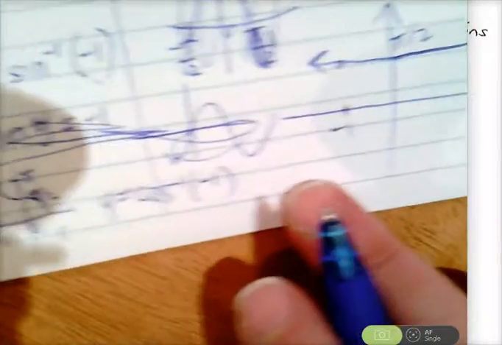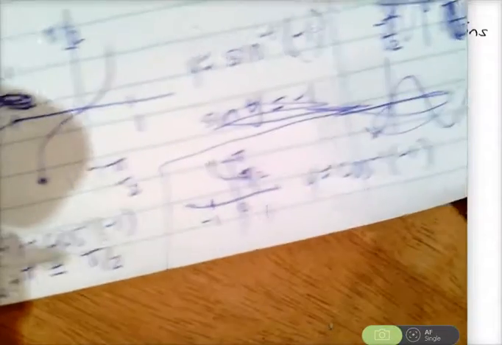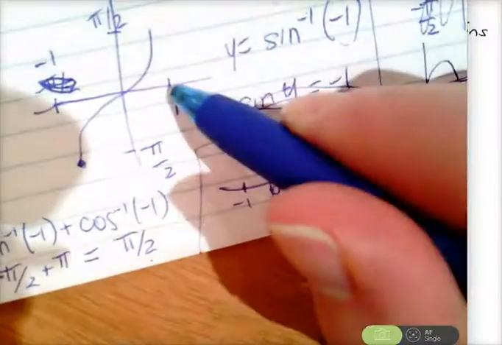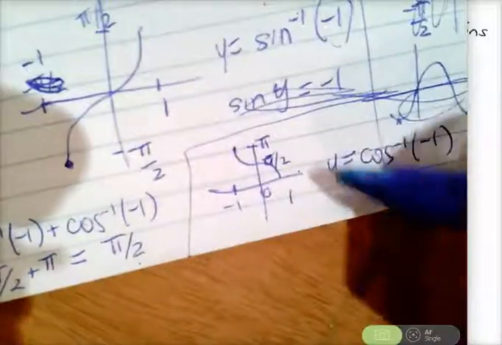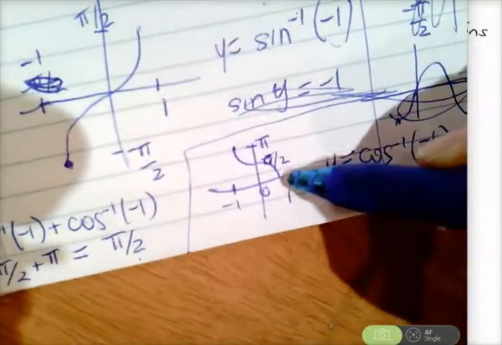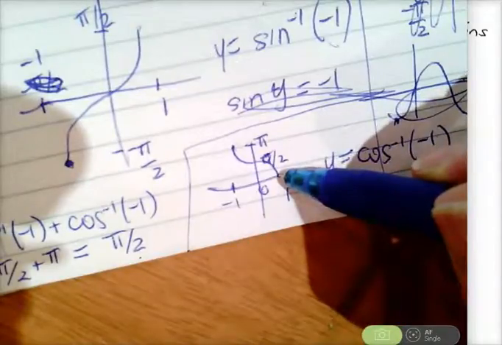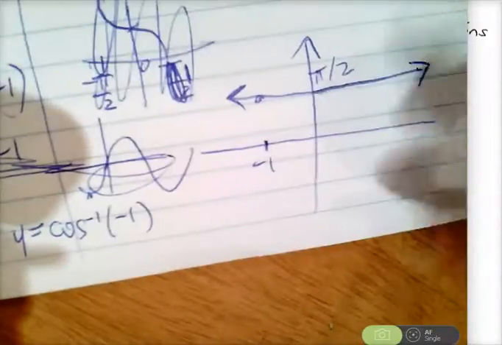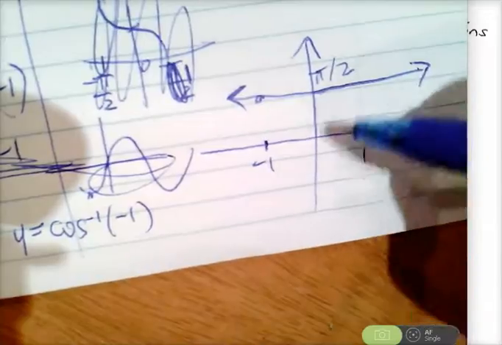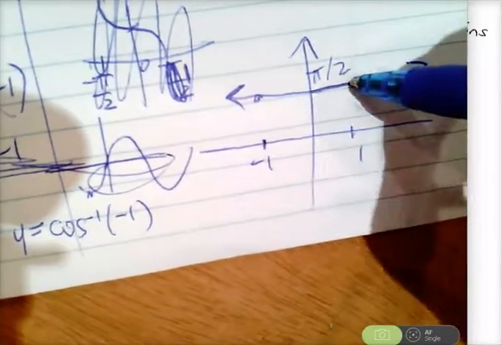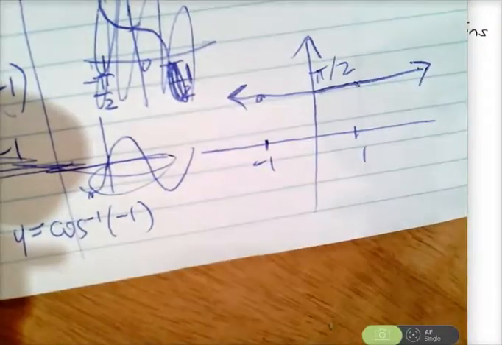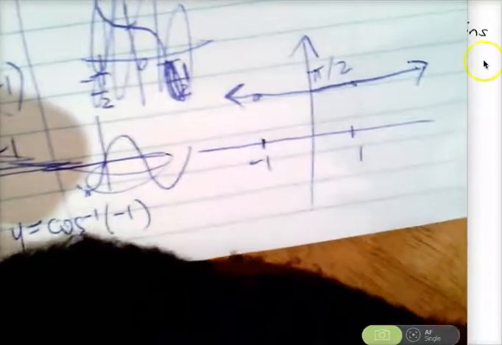You can even look at another value here. Sorry, this is really messy. The inverse sine of 1 is pi on 2, and the inverse cos of 1 is 0. Pi on 2 plus 0 is pi on 2. Again, when x is 1, the curve is sitting at pi on 2. Okay, so that's how you do that first question.